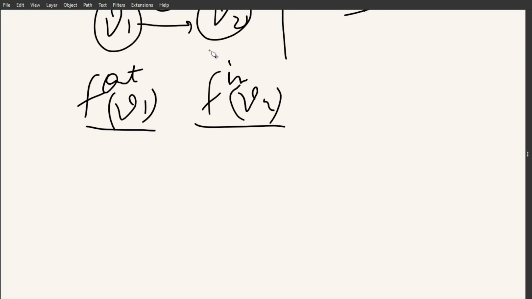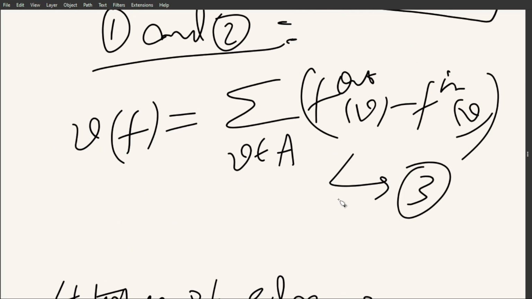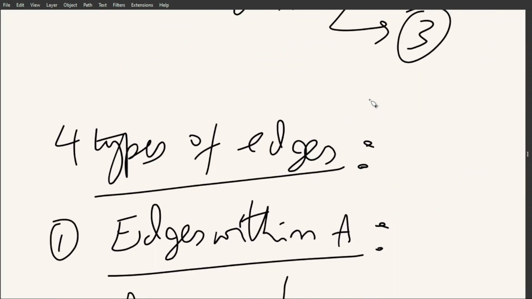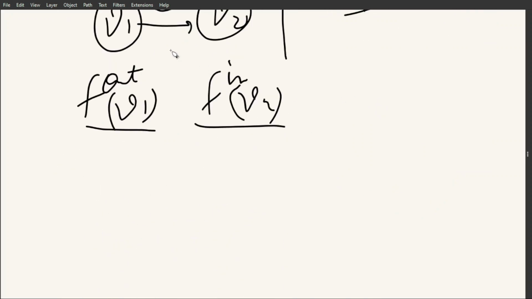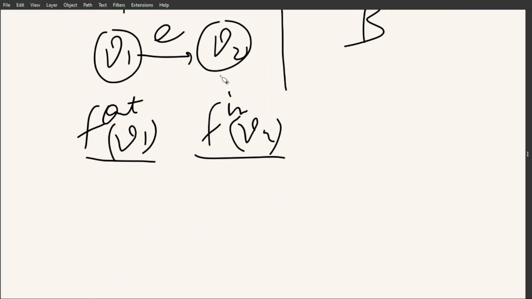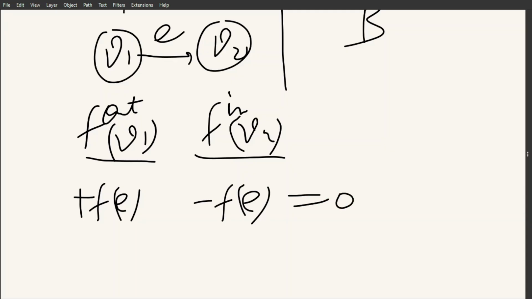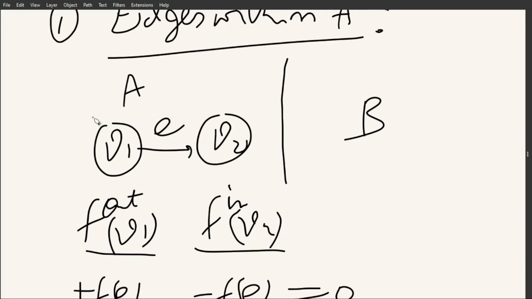We have F out minus F in, so each contribution is Fe. The contribution of F out of V1 is plus Fe, and since we have the minus sign, we have minus Fe for F in of V2. So the net effect is 0 when we have edges within A.